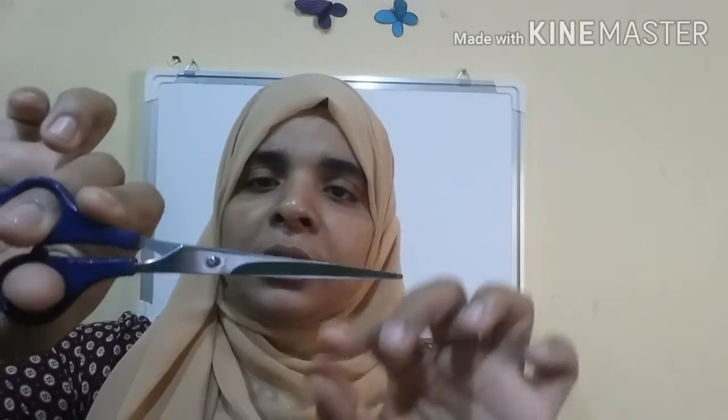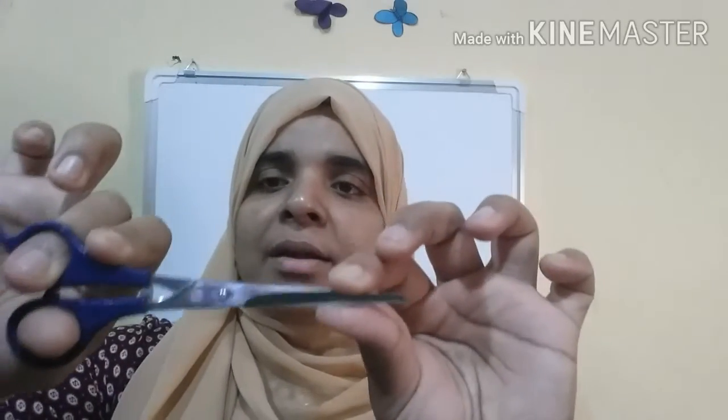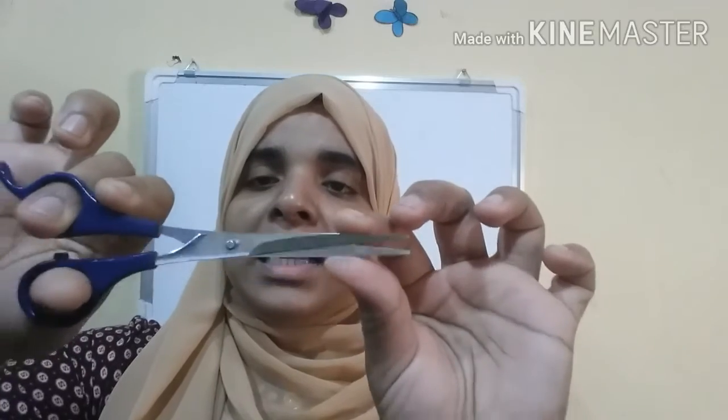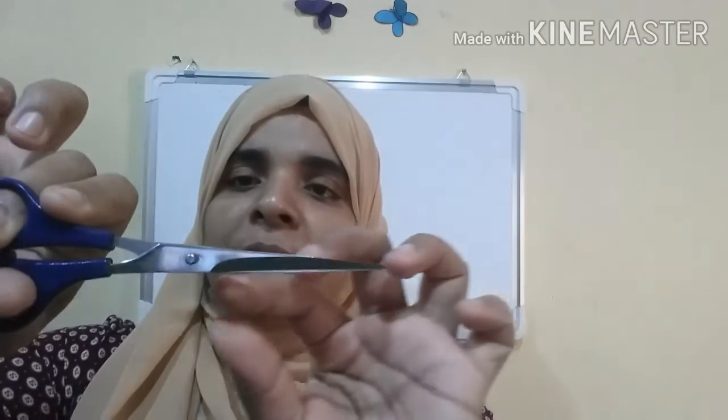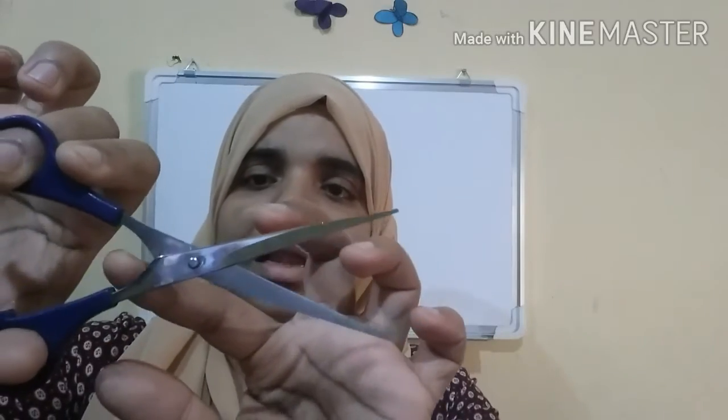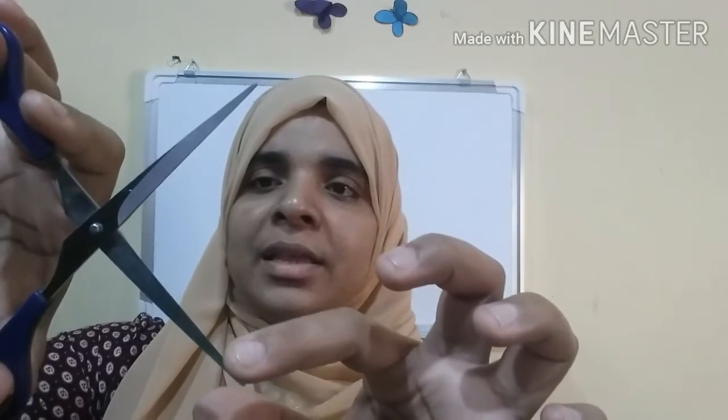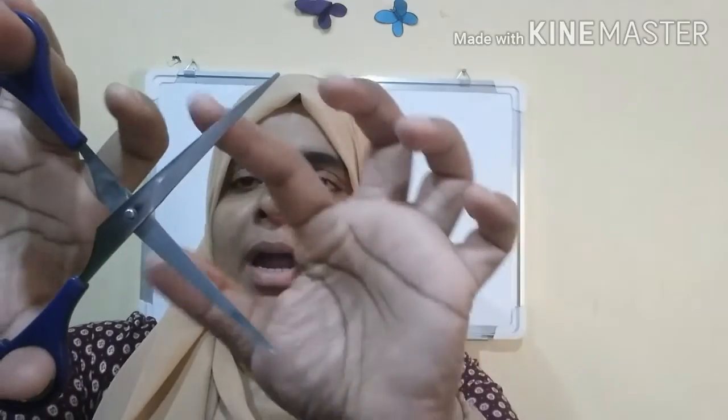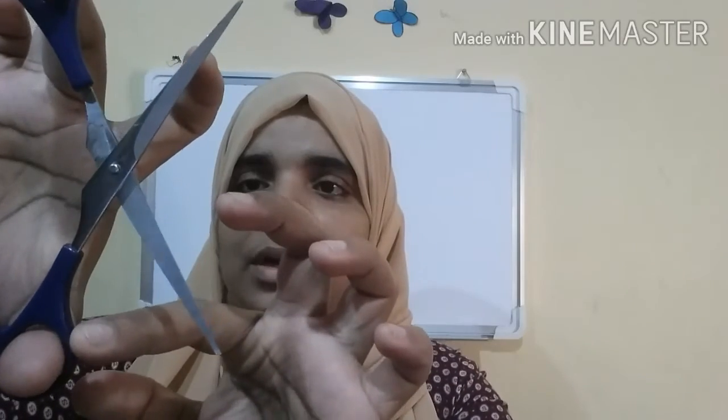Also, you can clearly understand that vertically opposite angles are equal. When I am widening this handle, the opposite angles also increase their size, right? Like that, the upper and lower angle also decrease their size. Understood?